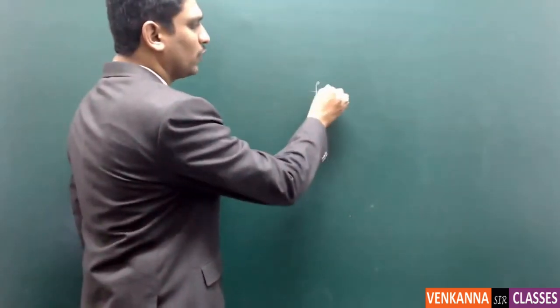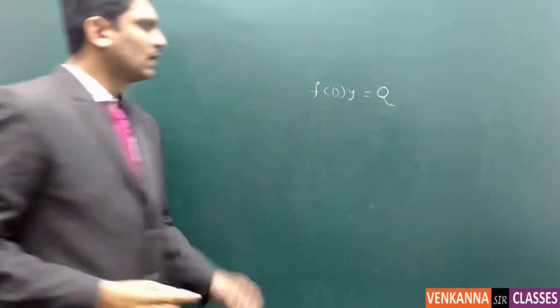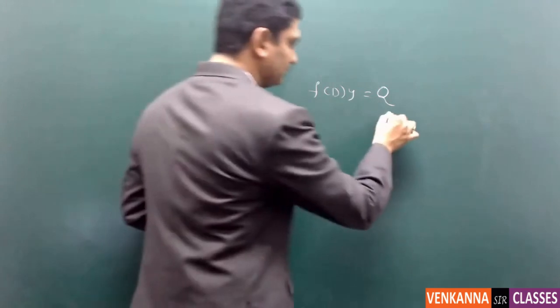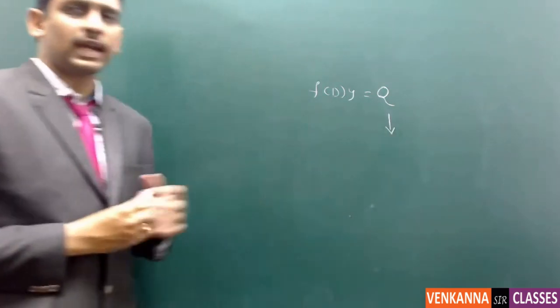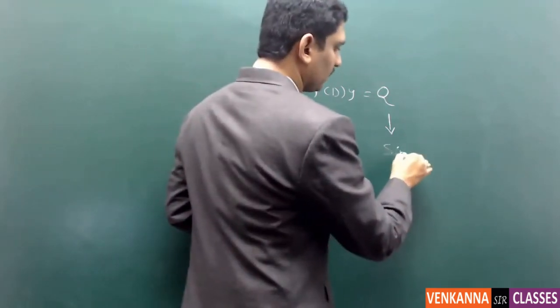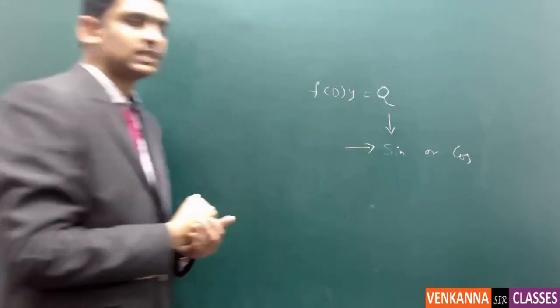Okay. Then in today's session, we are going to discuss the methods. Whenever we take the higher order equation of the form f of D into y equal to Q, if the right side part contains the functions sine or cos, that is one model.